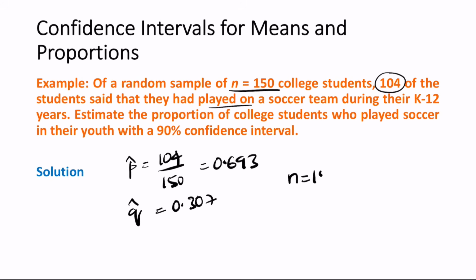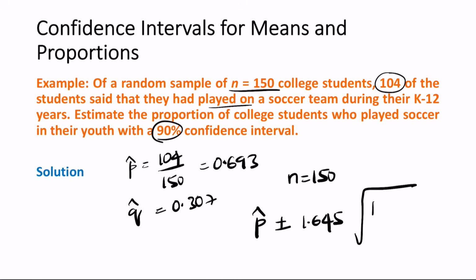N here is already given, 150. So the formula for 90% confidence interval is P cap plus or minus, again, z alpha by 2. For 90% the value is 1.645 into under root P cap Q cap by N. So input all the values, pause the video right here and try to solve this problem.